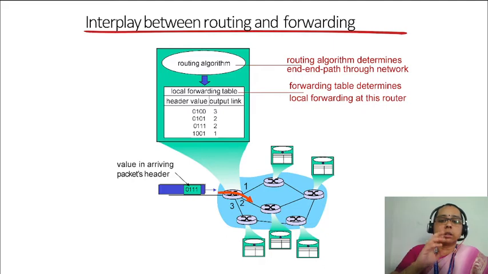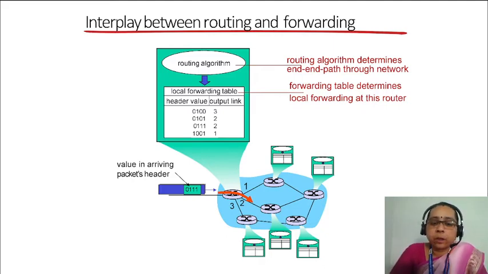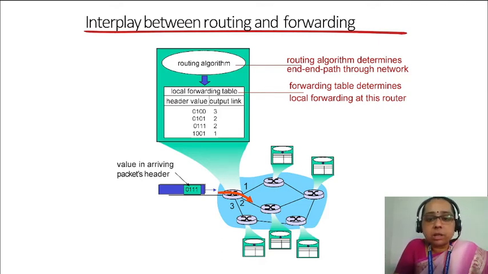In this picture they have clearly shown that when packets arrive, they contain packet header information, and the header value is a hexadecimal value. It passes through routers. One router is connected to another router, so the pathway will be determined, that is, which pathway the packet will move on. The interconnections are labeled 1, 2, 3 likewise.